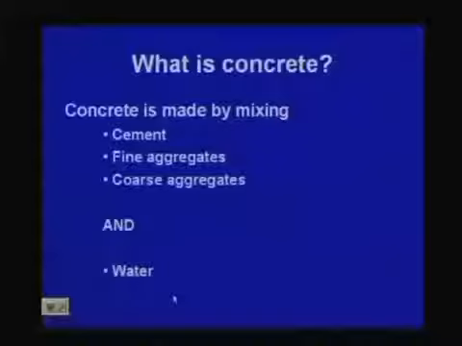So, what is concrete? Concrete is made by mixing cement, fine aggregates, coarse aggregates, and water. Cement, fine aggregates and coarse aggregates are the three materials which we shall consider, but water is also another governing element.